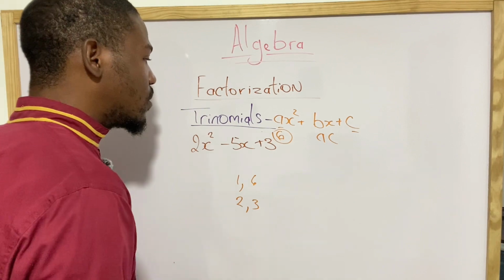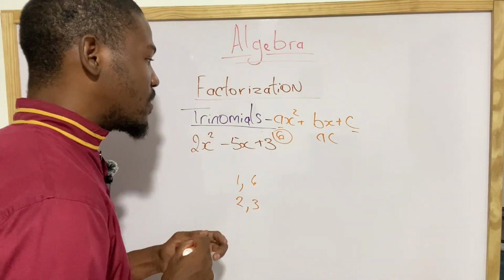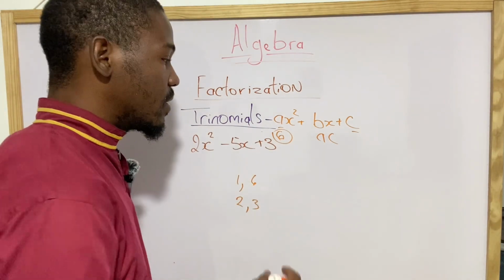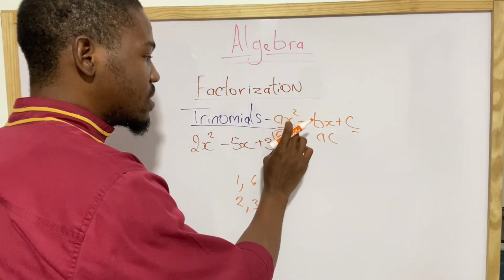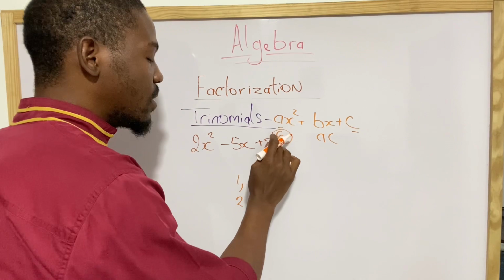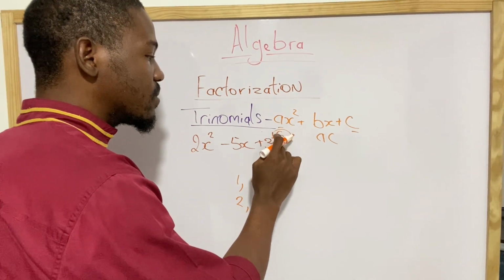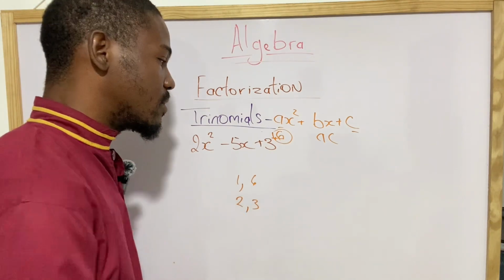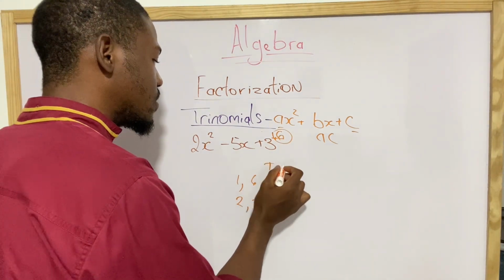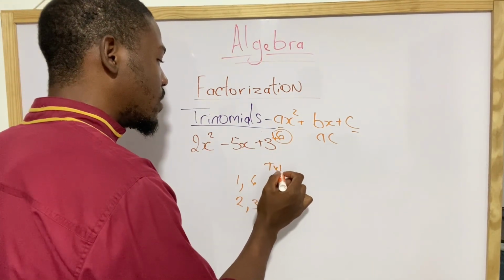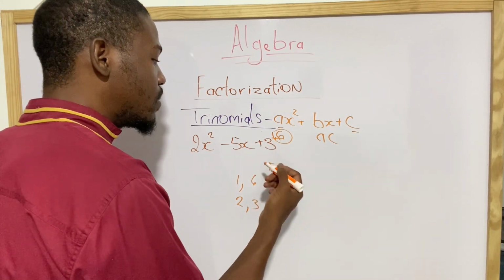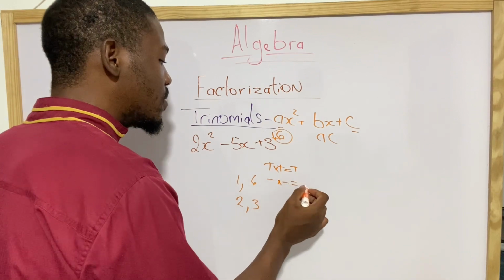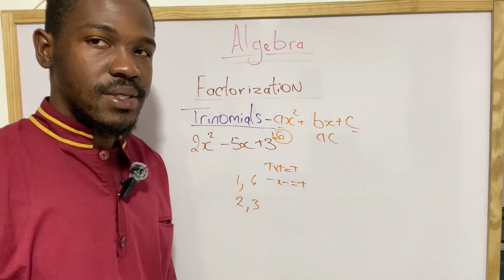Now, as I said before, we have to find two numbers that when multiplied together give us a times c, which is positive 6. The only way to get a positive when multiplying is to multiply two positives or two negatives.